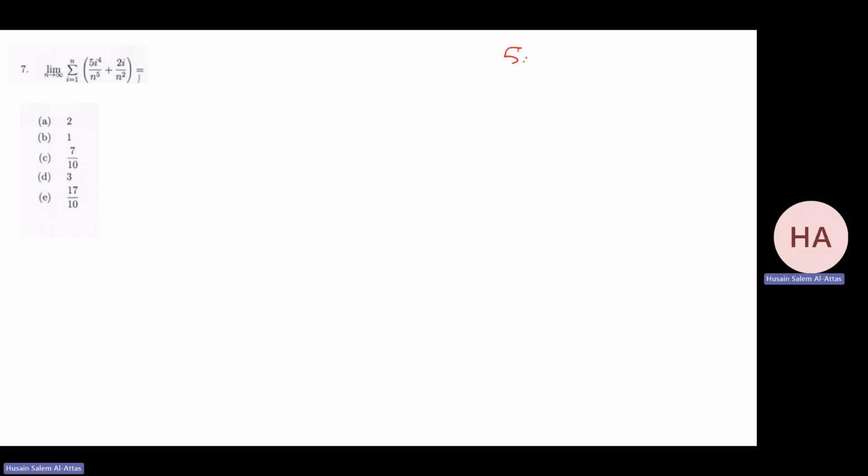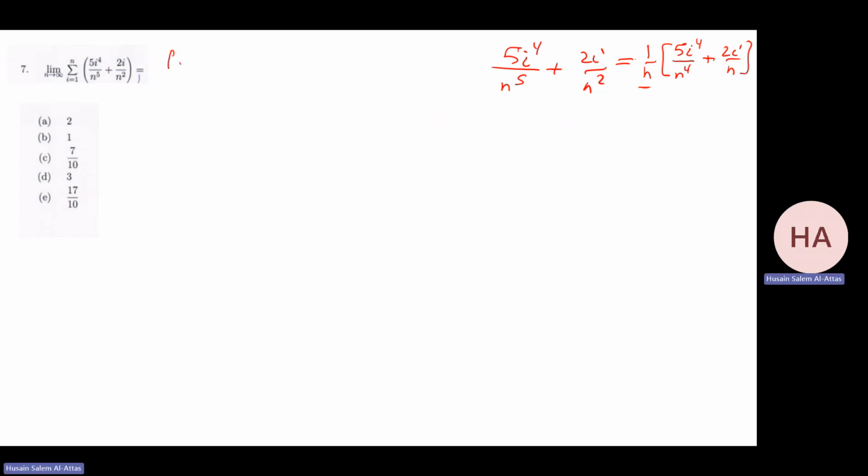Notice 5i to the power 4 over n to the power 5 plus 2i over n squared. I can rewrite it because I need something over n. Take 1 over n, so I will make this delta x later. That will be 5i to the power 4 over n to the power 4 plus 2i over n. Now it becomes very clear.